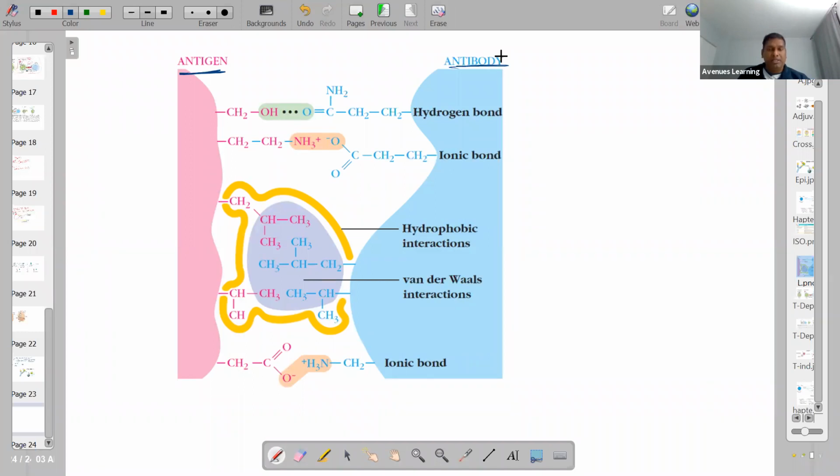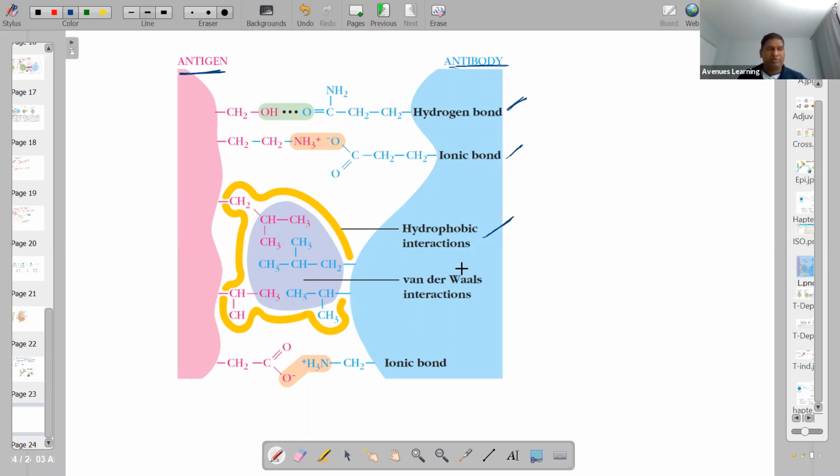All the interactions that occur between the antigen and the antibody are non-covalent. You see certain hydrogen bonds forming, you see certain ionic bonds forming. Ionic bonds are electrostatic bonds between two different charges. Then you see hydrophobic interactions between hydrophobic groups. You see van der Waals interactions because they are very close to each other.